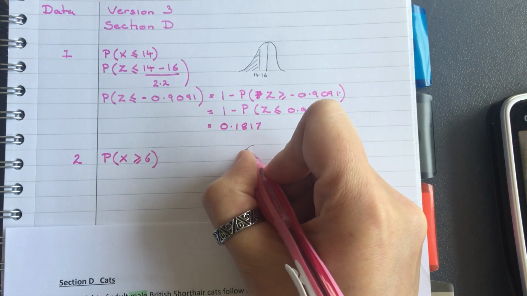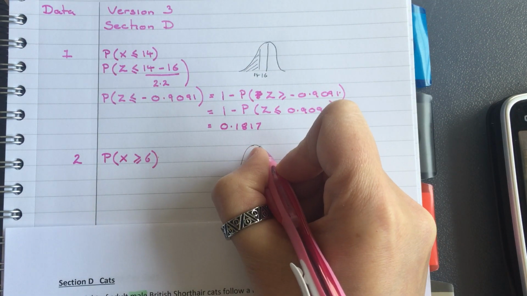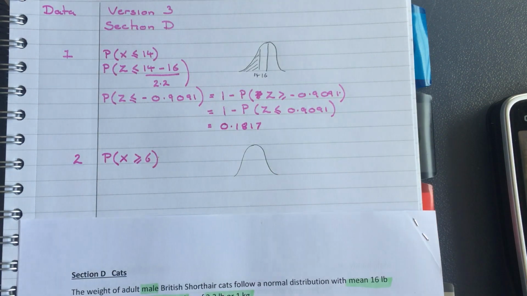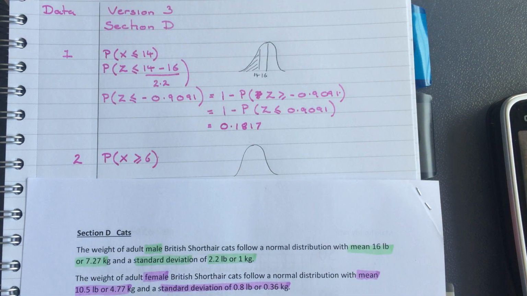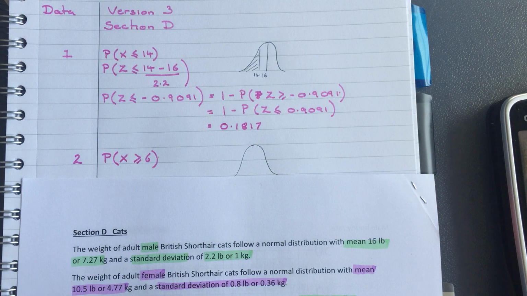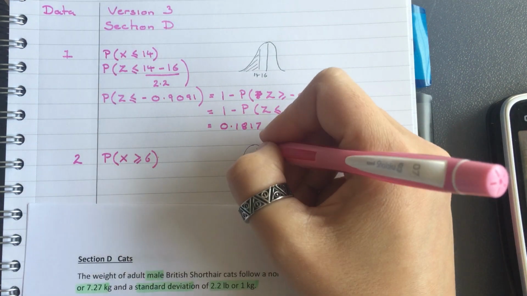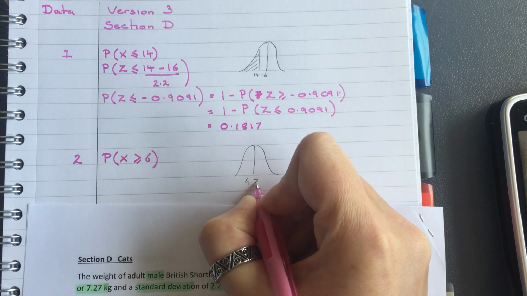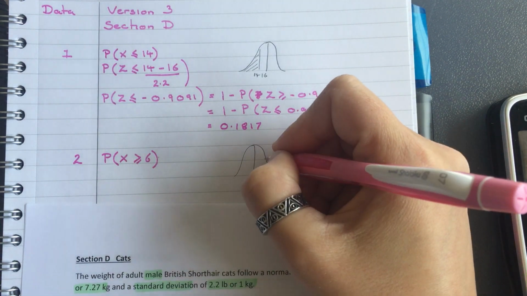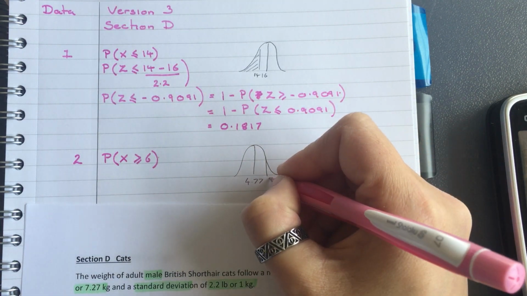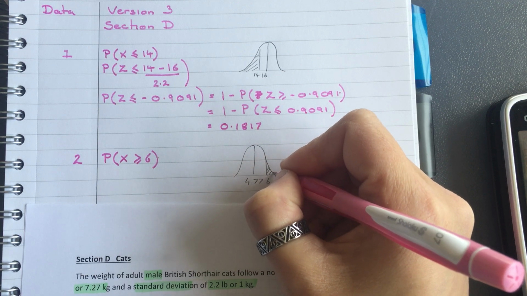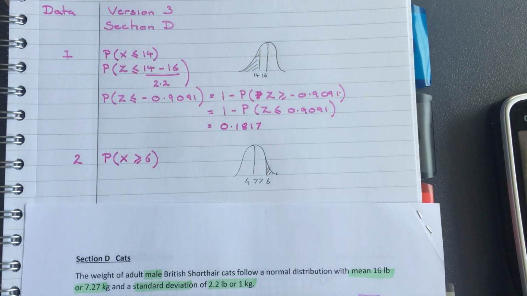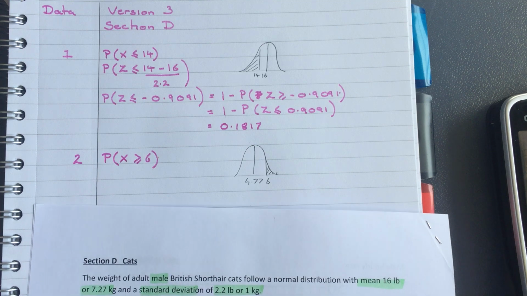So we sketch our little diagram. We know that the mean of a female in kilograms is 4.77. We want to know about 6, and we want to know about more than. So again, we are expecting something small.